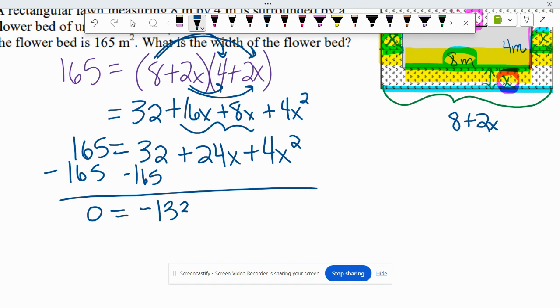What'd you get? Yeah, negative 133 plus 24x plus 4x squared. What do I need to do to solve this? Like when we think about when we solve a quadratic, what's something that you can tell me about it? It's in standard form.